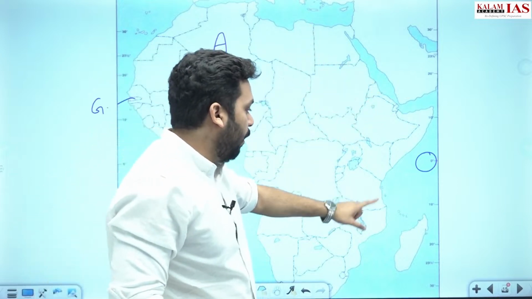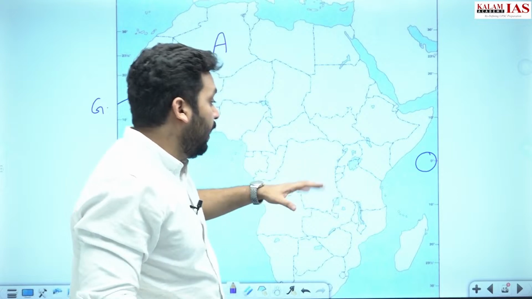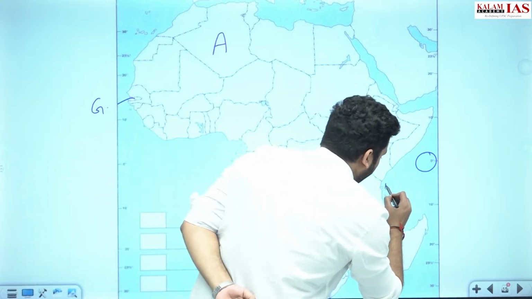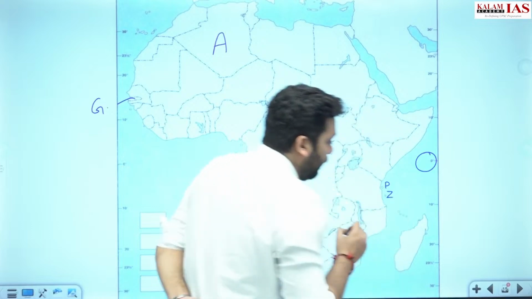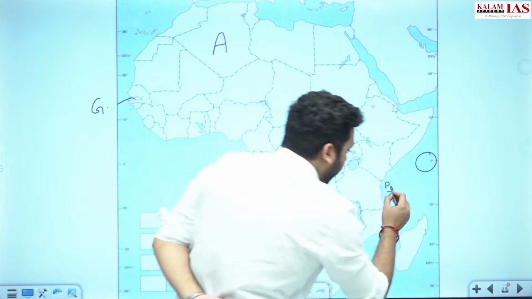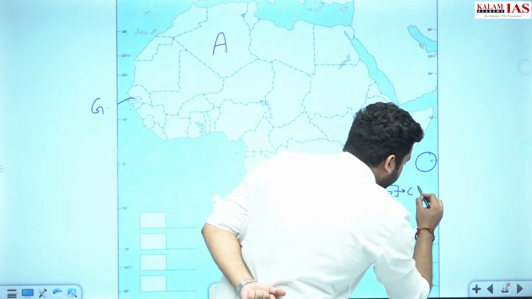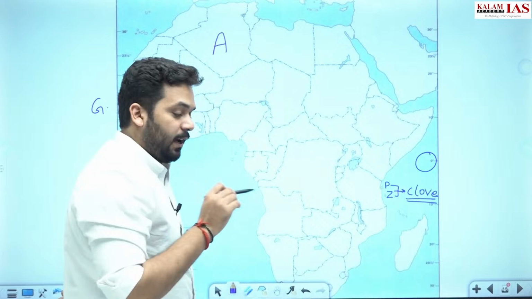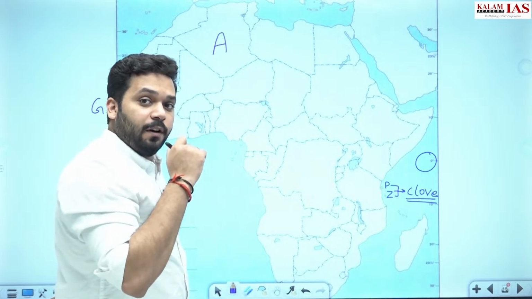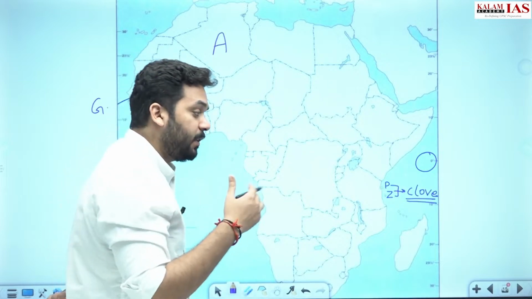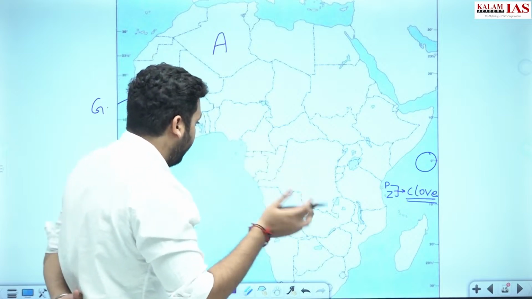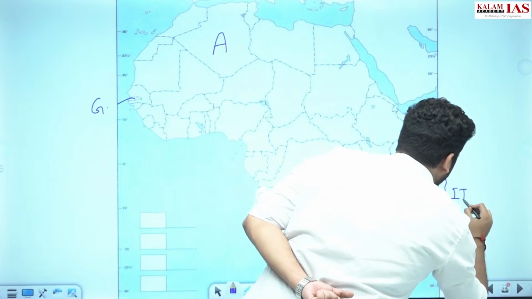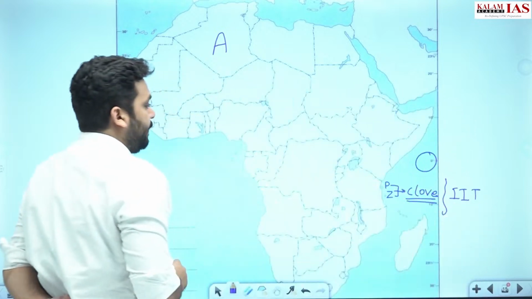The highest peak is Mount Kilimanjaro, in Tanzania. Another political entry we discussed is Pemba and Zanzibar Islands, called the Clove Islands. Zanzibar Island is where IIT Madras is going to open its first campus outside India.